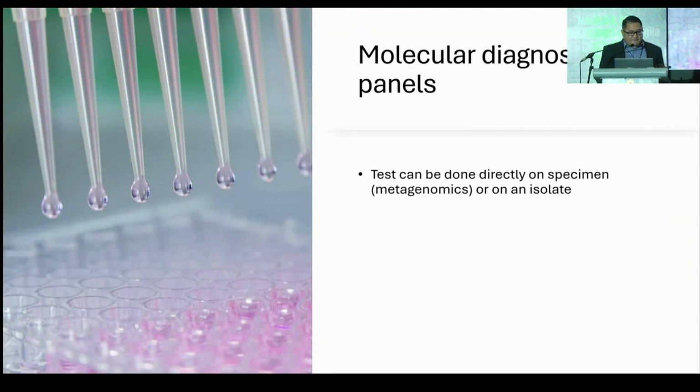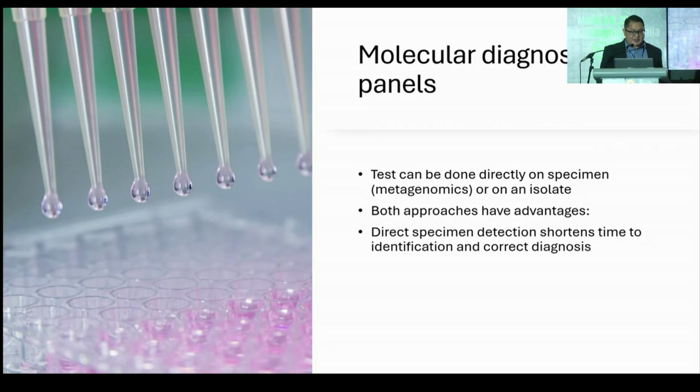So again, you can do it directly on the specimen, or you can isolate the bacteria first, and then you can do the test on that. Now, the advantage of isolating it first is you have a pure culture. And you're also more likely to detect resistance genes when you have a lot of the bacteria on board. So there are advantages. But obviously with direct testing, you get your answer in 2 to 3 hours, and the patient's still in the emergency room, and you already have an idea of what's going on.